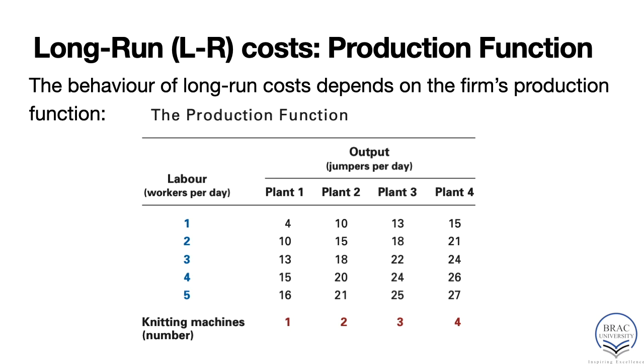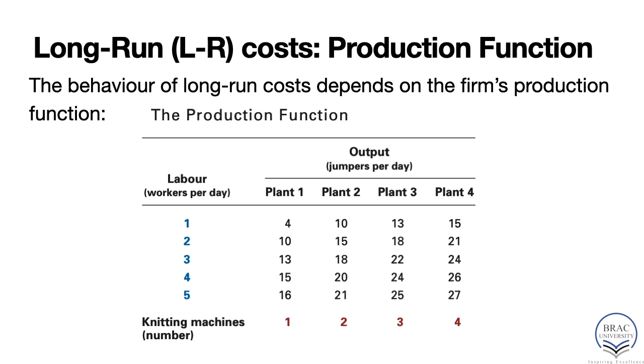The table lists the total product for 4 different quantities of capital, and basically the quantity of capital defines the plant size. So if you see here, plant 1 represents a factory with 1 kneading machine, the short-run example we studied before. The other 3 plants have 2, 3, and 4 kneading machines.